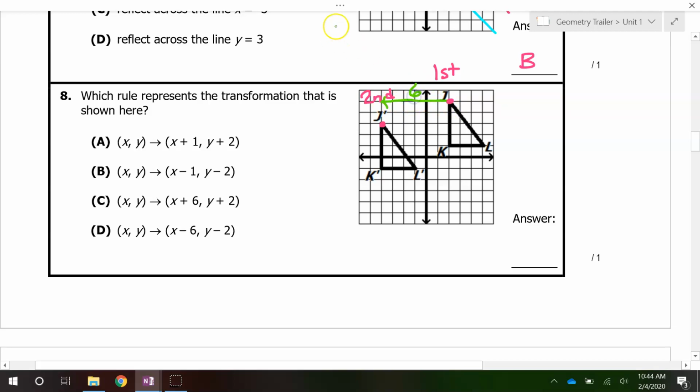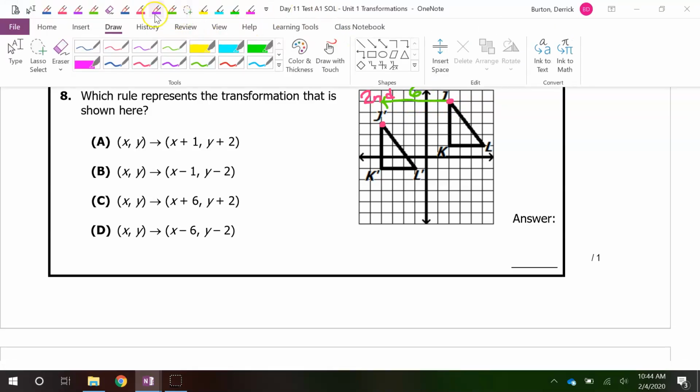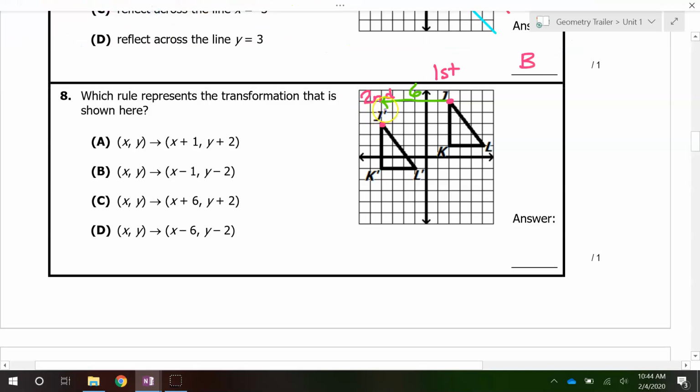So it was left 6, and then it is down 2. All right, left 6, down 2, that's what's happening in D. Left 6 is x minus 6, down 2 is y minus 2.